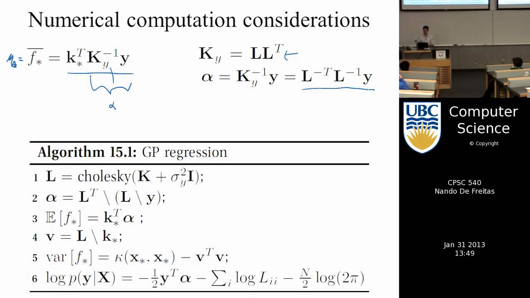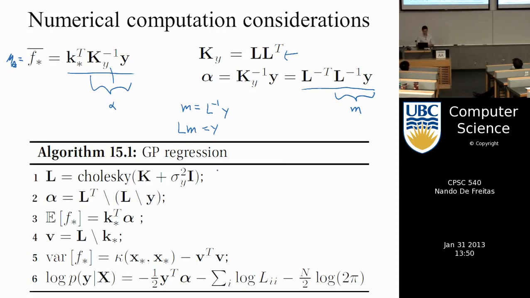And then if I call this term M, if M is equal to L minus 1 Y, then it must be that L M is equal to Y. So in order to compute M, I solve a linear system of equations with matrix L and vector Y. That is essentially how I do the code.